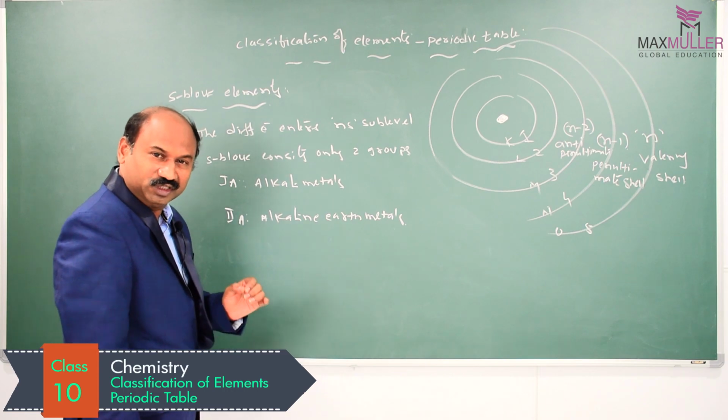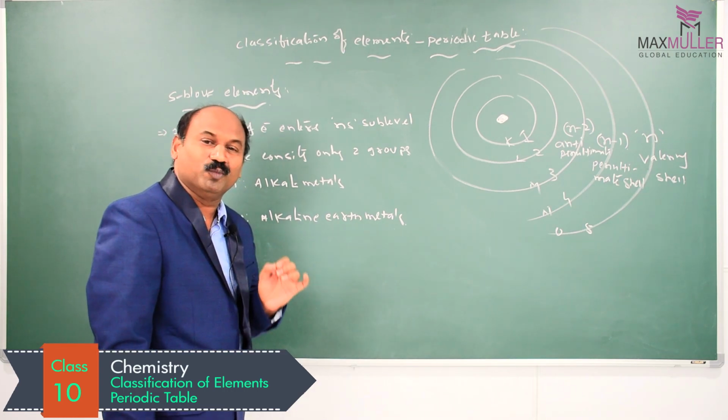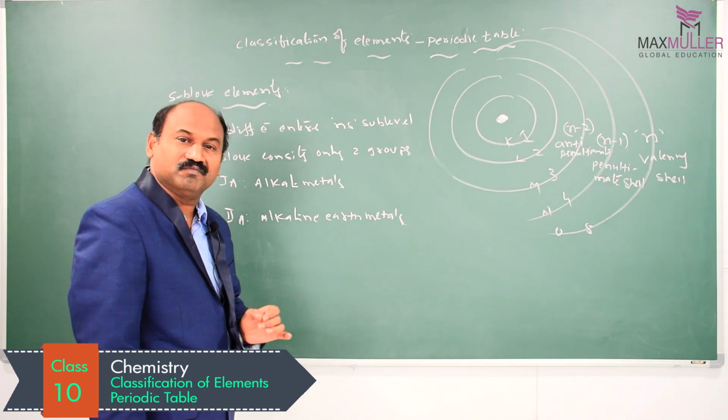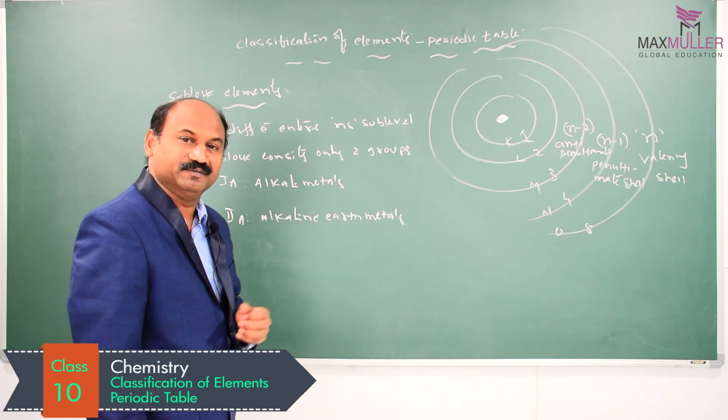You all know the alkali metals. They are lithium, sodium, potassium, rubidium, cesium, francium. And alkaline earth metals are beryllium, magnesium, calcium, strontium, barium and radium.